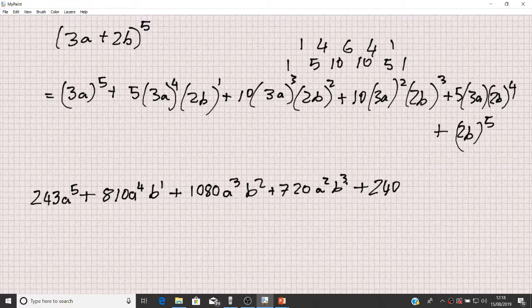And that is a to the power of 1 times b to the power of 4. And the last term is 2 to the power of 5, which I know is 32, b to the power of 5. And that's our last term, fully expanded, (3a plus 2b) to the power of 5.